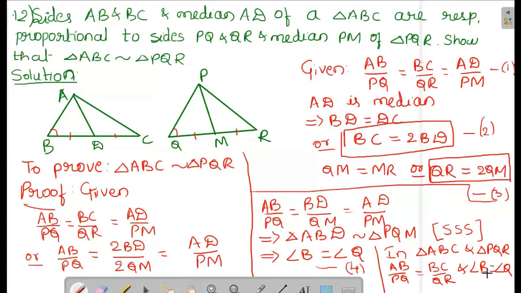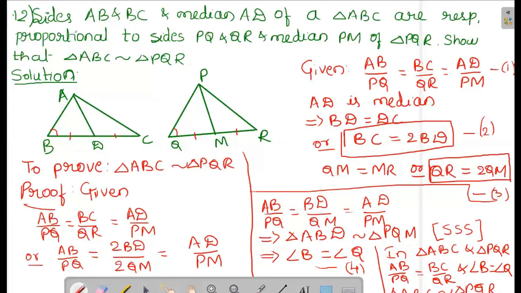From 1 and 4, by SAS criteria, triangle ABC is similar to triangle PQR. Okay, this is example 12.